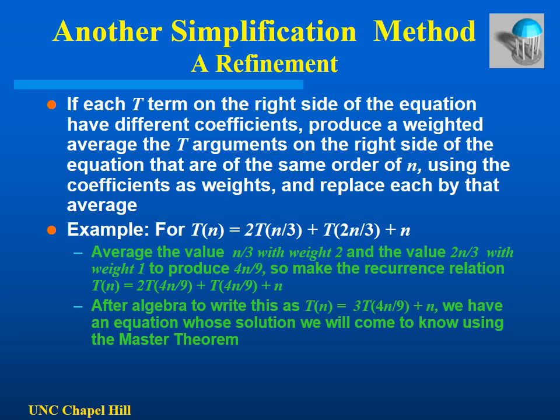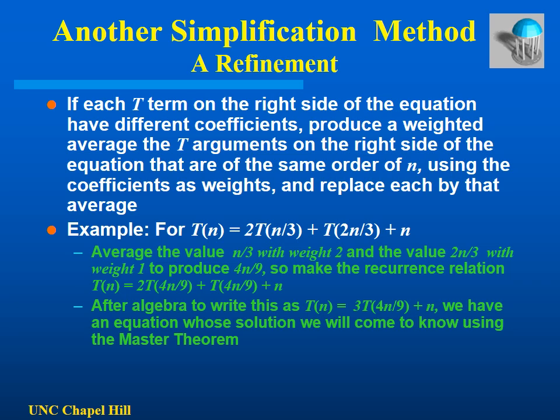We sum those to get 4n/3, and we divide by the sum of the weights 3, and we get 4n/9. That's our weighted average, and then we plug in the weighted average in both places.